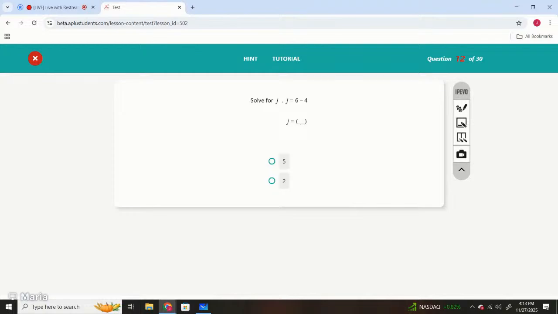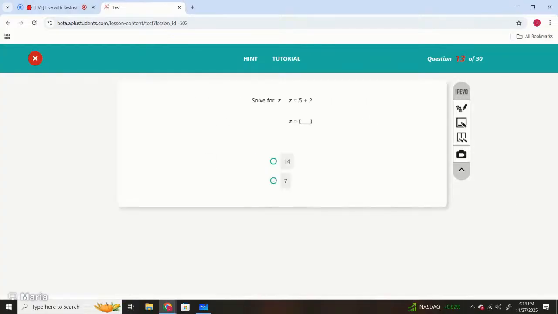Solve for j. J equals 6 minus 4. That is 2.